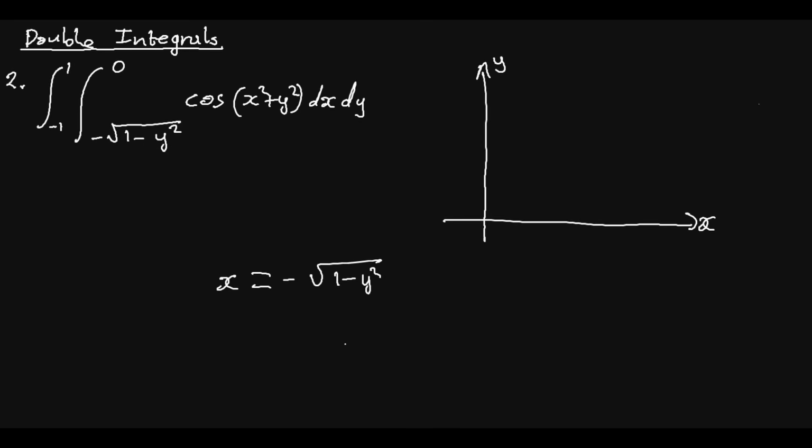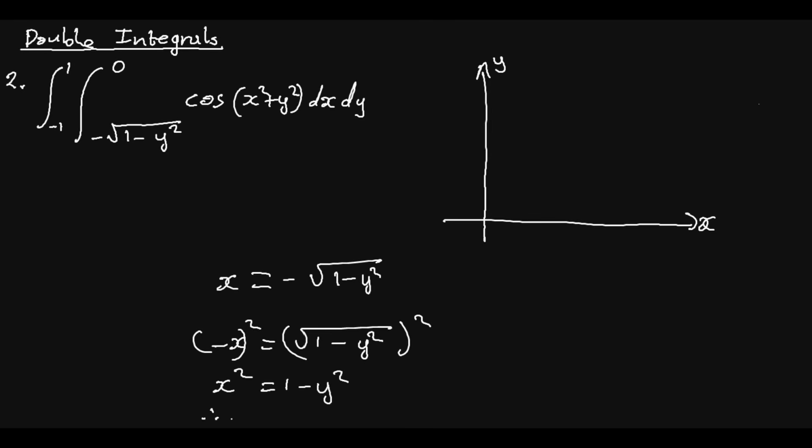Okay, I think you can see where this is coming from. If you square both sides, you have x squared equal to 1 minus y squared.